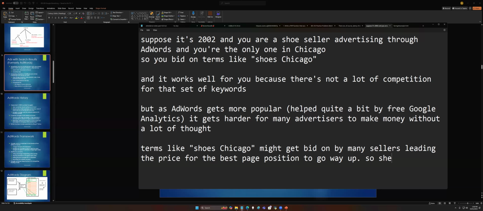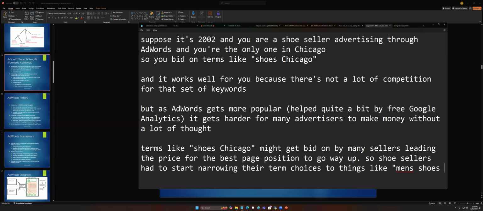So shoe sellers had to start narrowing their term choices to things like men's shoes, downtown Chicago, Michigan Avenue, right? Something like that might be more appropriate.